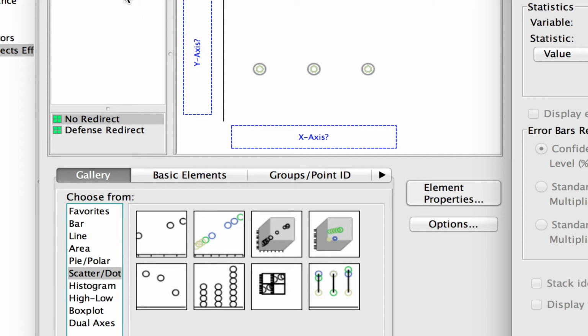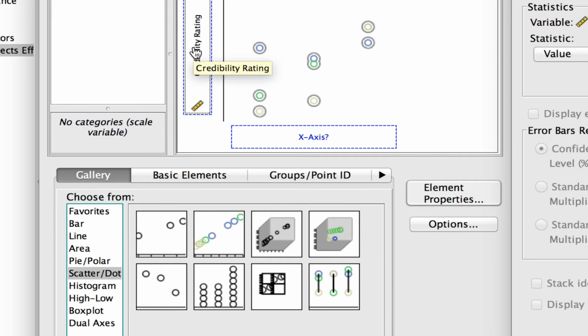And remember, what we want to look at is the relationship between our covariate and our dependent variable. So put the dependent variable on the y-axis and the covariate on the x-axis.